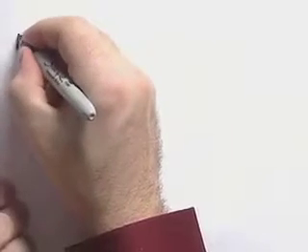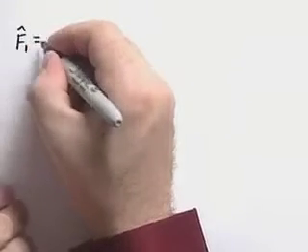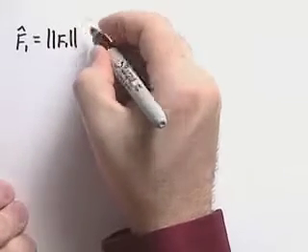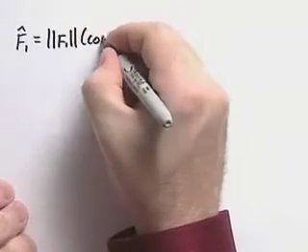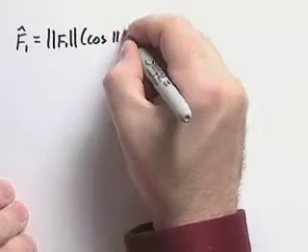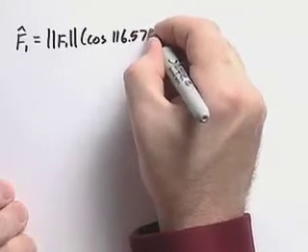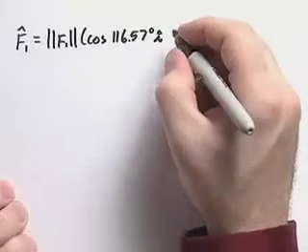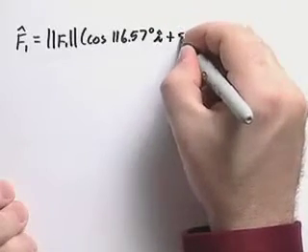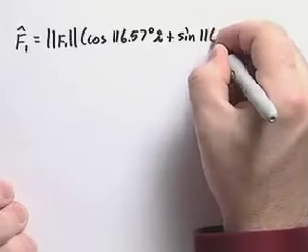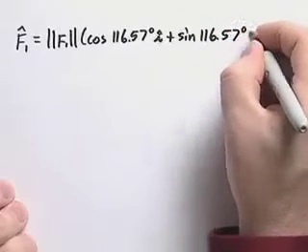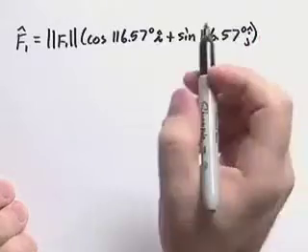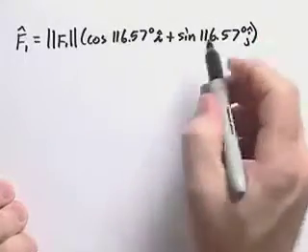So force 1 is equal to the magnitude of force 1 times the cosine of 116.57 degrees with the unit vector i, plus the sine of 116.57 degrees times the unit vector j. So we have our horizontal and vertical components.